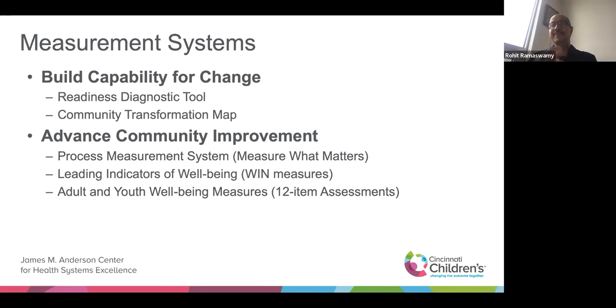And then at the back end, because the whole objective of this was to understand whether community well-being was progressing, we built, in partnership with some colleagues at Kaiser Permanente and at Cincinnati Children's, some instruments that allowed us to measure well-being. These are both leading indicators of well-being, which are kind of social indicators, as well as adult and youth well-being measures.